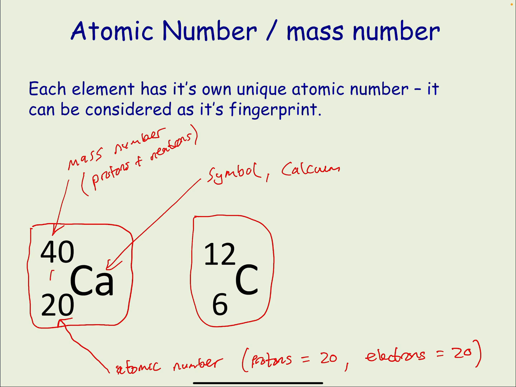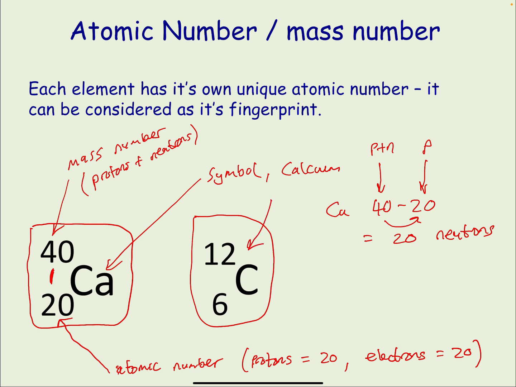So if we were to take these two numbers away, so for calcium, the 40 take away the 20, because that's protons plus neutrons, and that's protons only, if we take those two numbers away, that will give us the number of neutrons that we have. So therefore we have 20 neutrons.